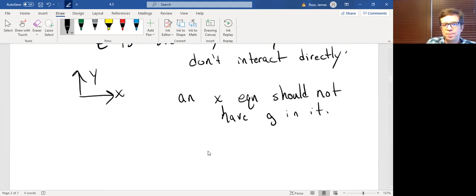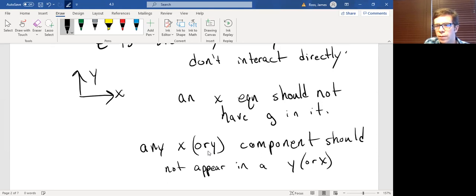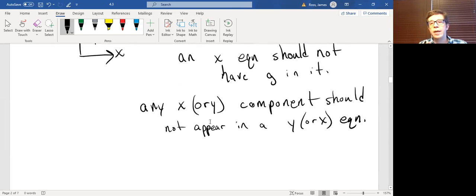And likewise, any x or y component should not appear in a y or x equation. And I'm talking about your initial equations here. Once you start relating things and substituting, some of that stuff may mix together if you're eliminating variables, right? But in your initial physical setup, they should never interact.